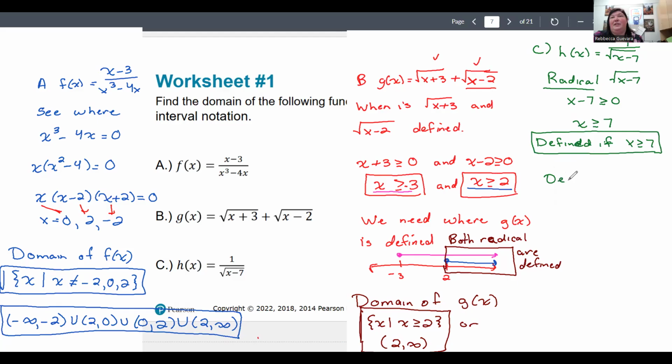Now, if we look at the denominator, that's also a square root of x minus 7, but this time we just don't want it to be 0. When does that equal 0? That equals 0 when x is equal to 7. So this needs to be removed.